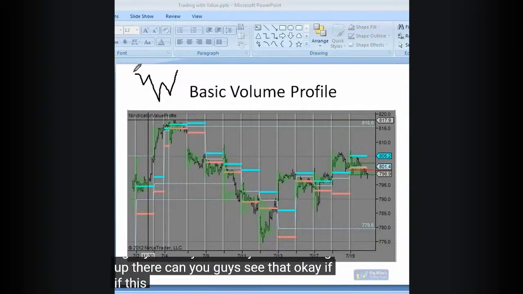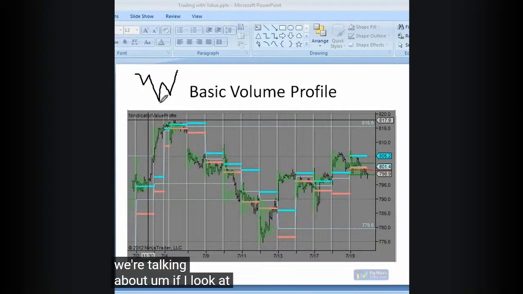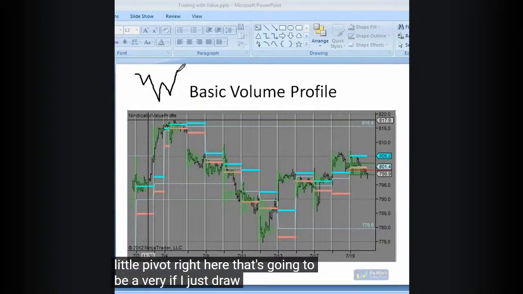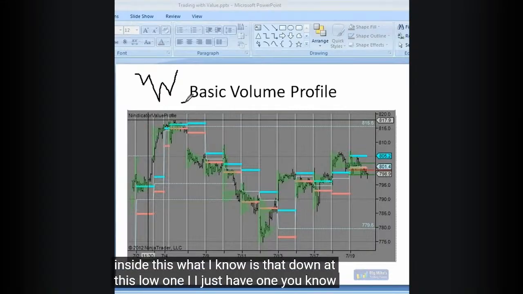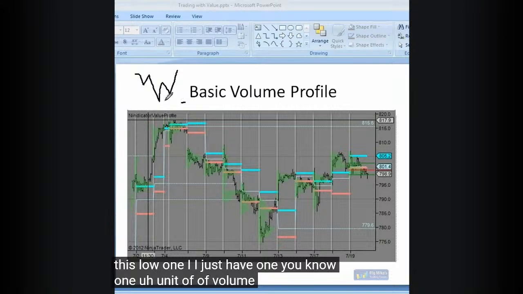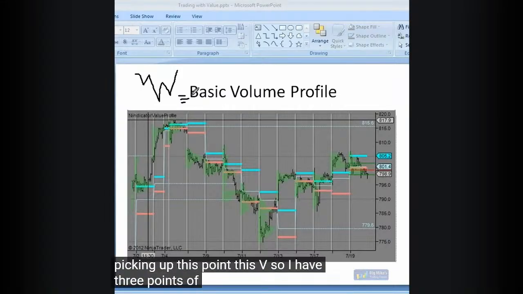Okay. If this is the price region that we're talking about, if I look at this bottom little pivot right here, and I draw a box around this and analyze the volume inside it, what I know is that down at this low one, I just have one unit of volume right there. As I go higher, I'm going to pick up 2 because I've got the V right there, so I'll have a little bit more volume. Then as I get up to here, I start picking up this point, this V, so I'll have 3 points of volume.